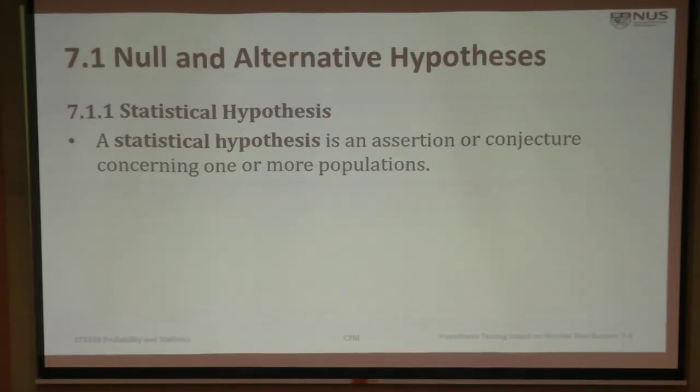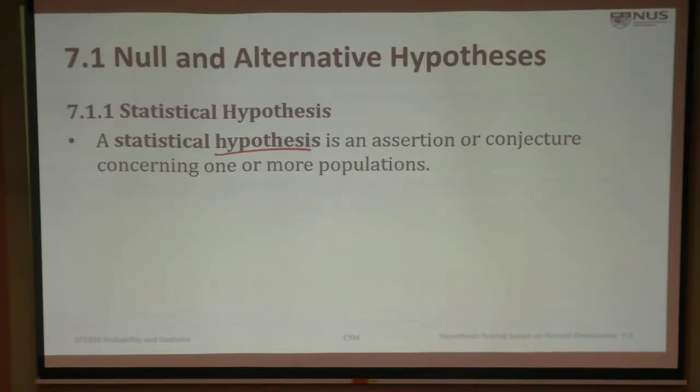But for a question like this, what is my age? This one is a question, it does not have a true or false value, or we don't know whether it's true or false. So in that case, that is not a statement or not a hypothesis. So a hypothesis is a statement which has a truth value.